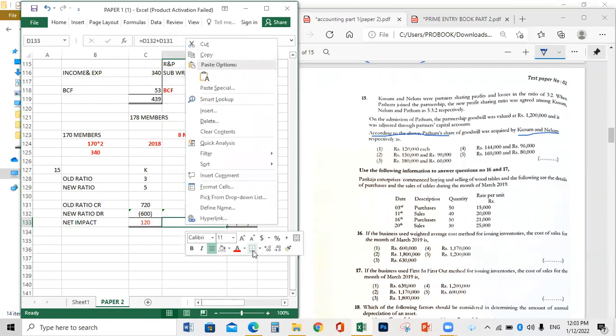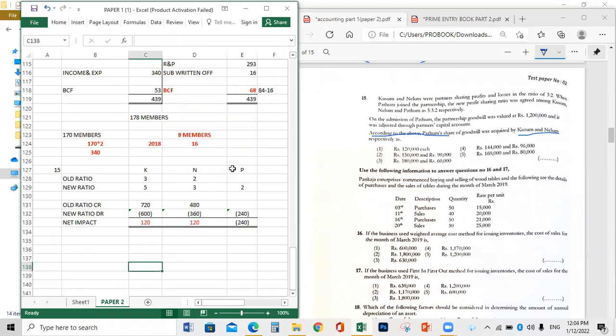Guys, see here, P is a new partner. He had to sacrifice 240 out of his capital. When he sacrificed 240, K got how much? K got 120 and then N got 120.